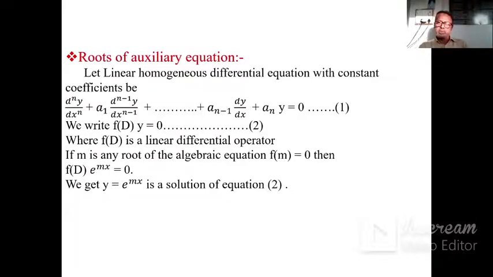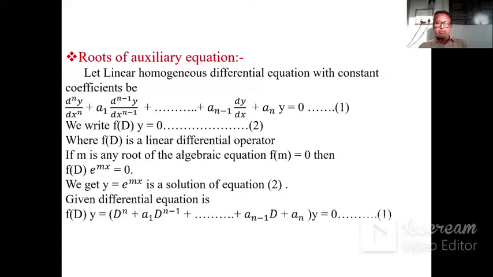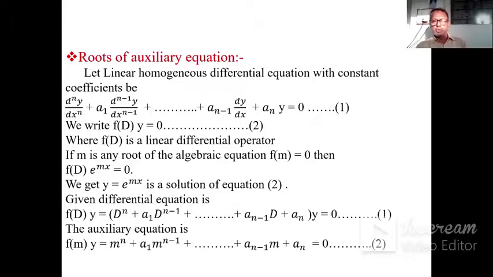Our equation 2 is the same as equation 1. Therefore, the given differential equation is f(D) y equals D to the power n plus a1 D to the power n minus 1 plus ... plus a_(n-1) D plus a_n of y equals 0.